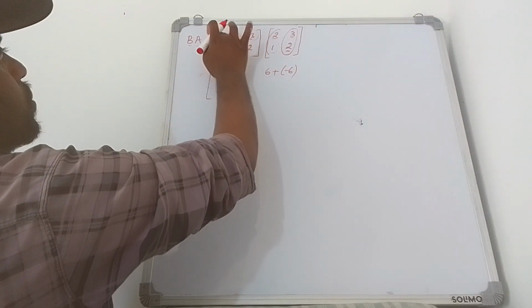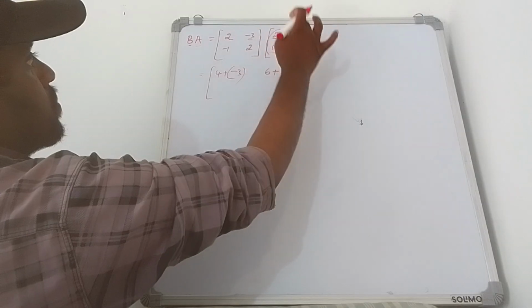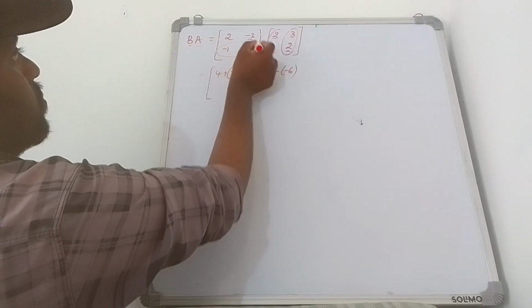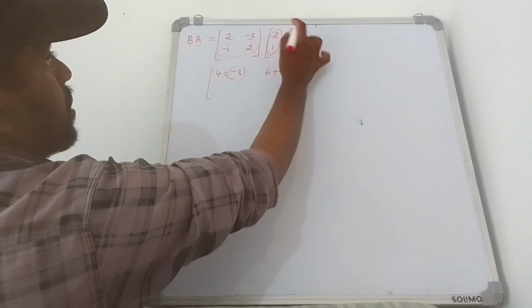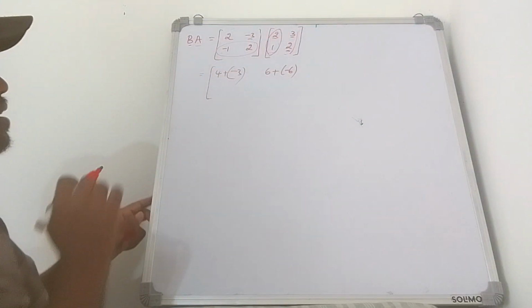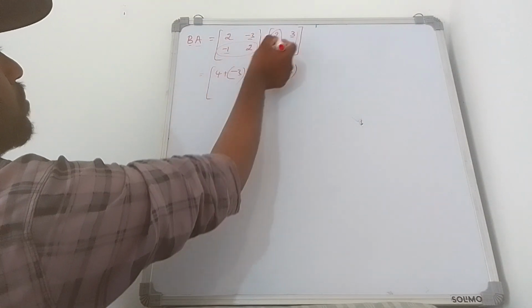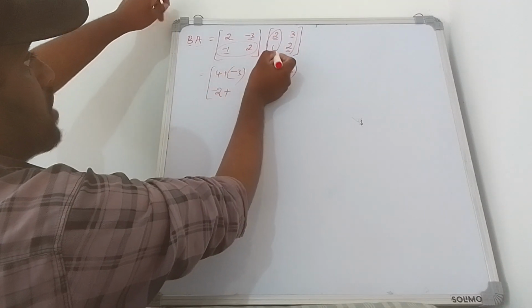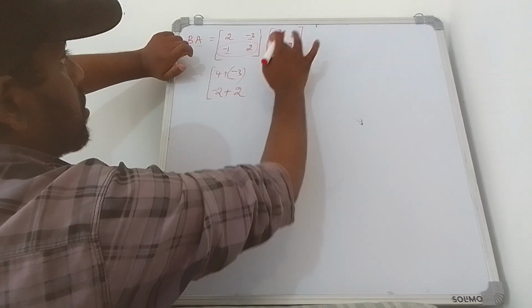Now this first row is done. Now second row. First column you have to consider. Second row, first column. This first element minus 1 into 2, minus 2, plus you put second element 2 into 1, 2. Next, this first column is done.